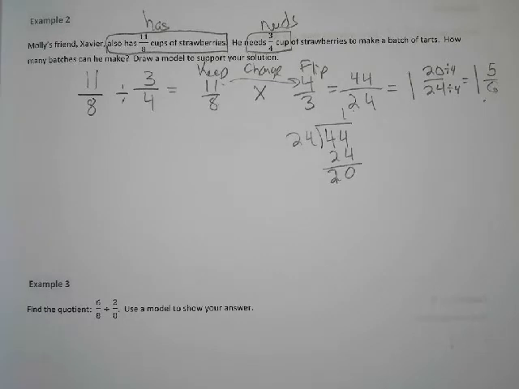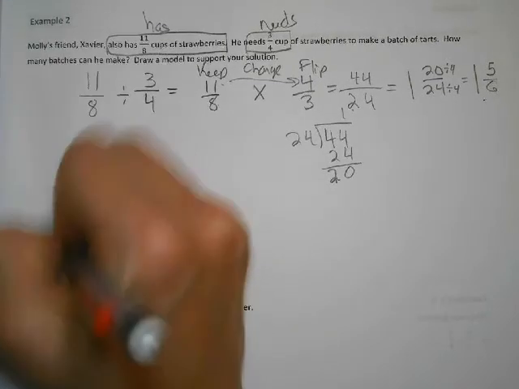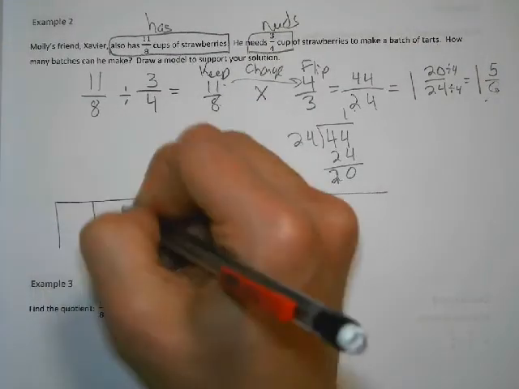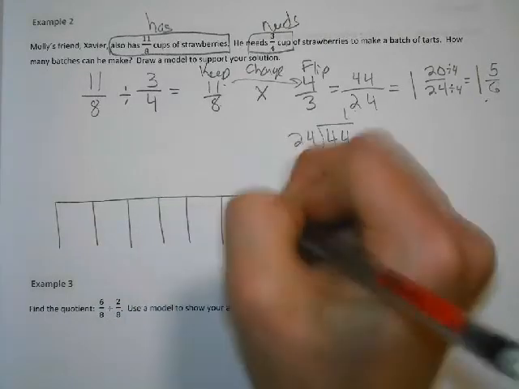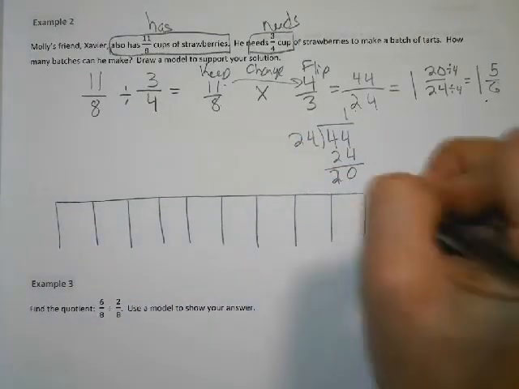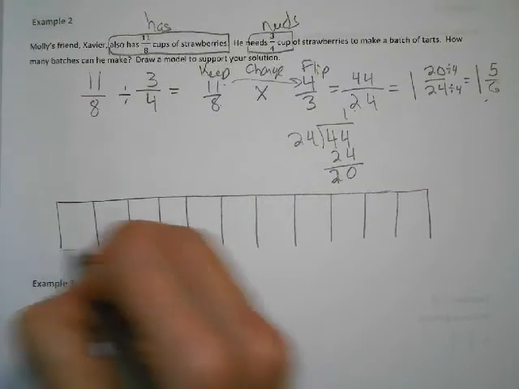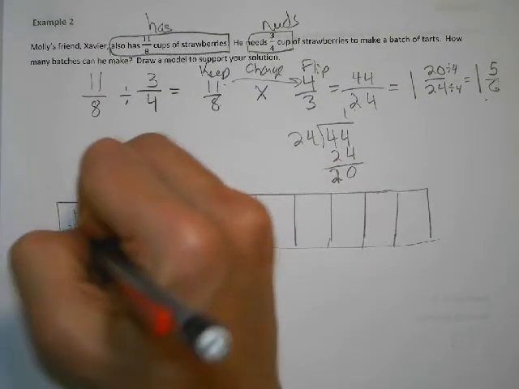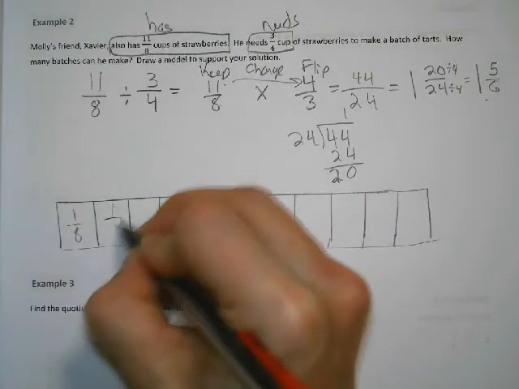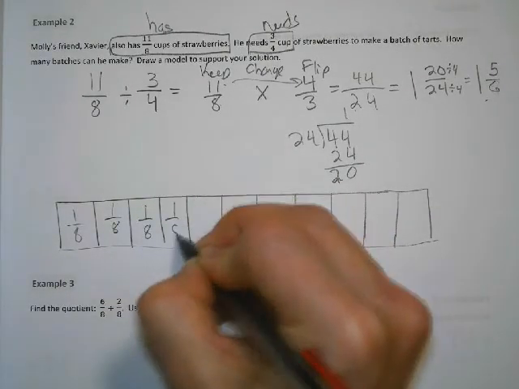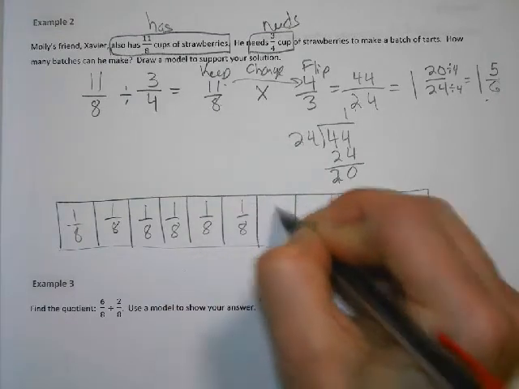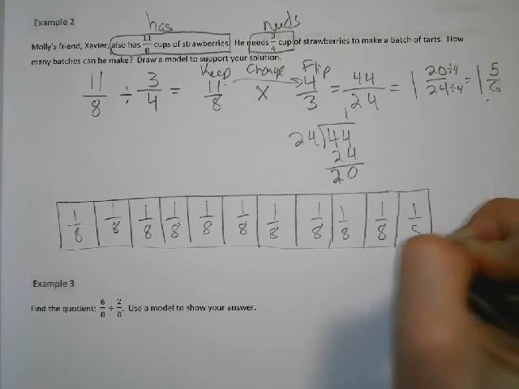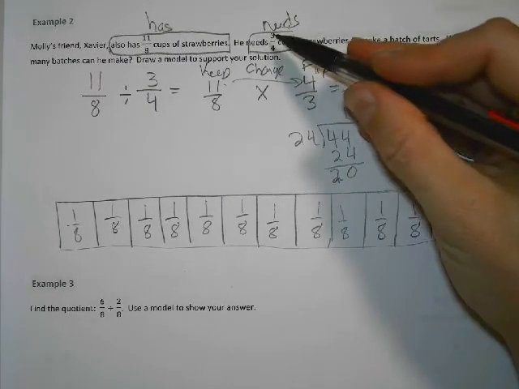So you have to create your model. Again, we have 11/8. And I'll draw that in there for you. And then they want to see how many 3/4 they have.